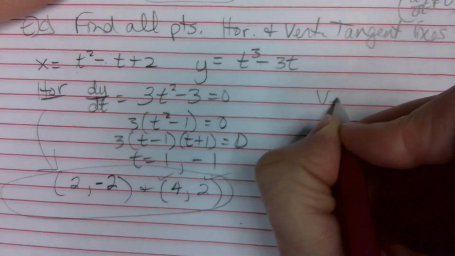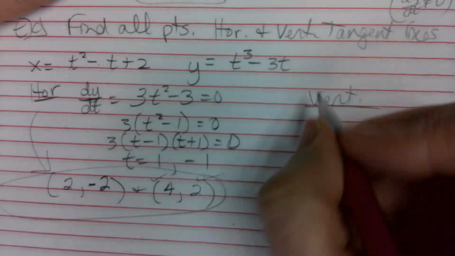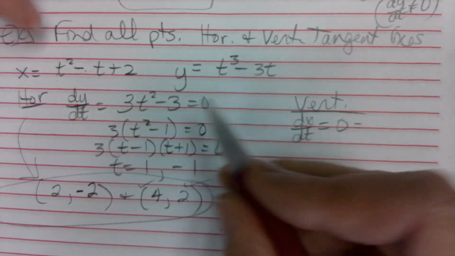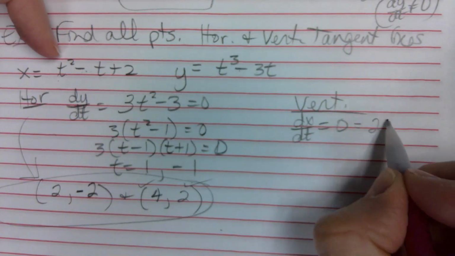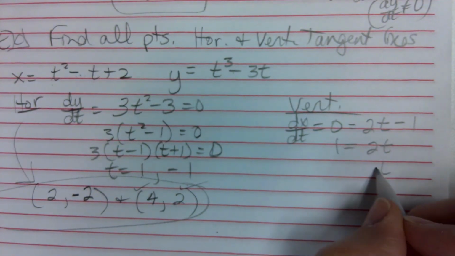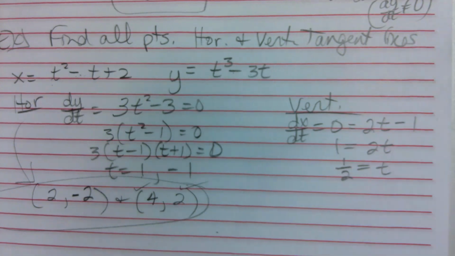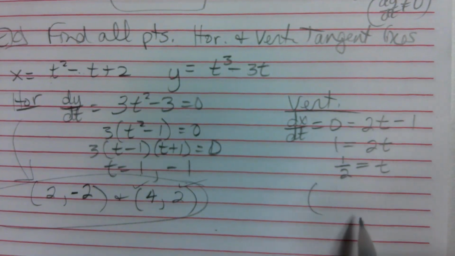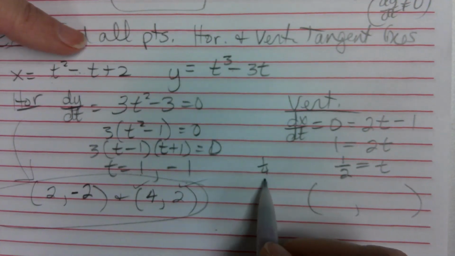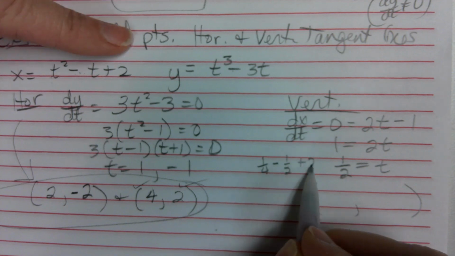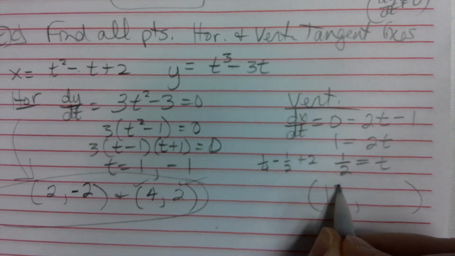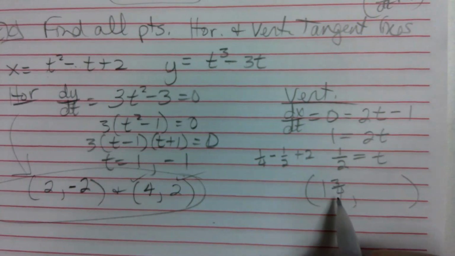How about a vertical tangent? What's dx/dt? 2t minus 1. 2t equals 1 when t equals 1/2. So only one place where we have a vertical tangent. 1/2 squared is 1/4 minus 1/2 plus 2, 2 minus 1/4, 1 3/4, 7/4.